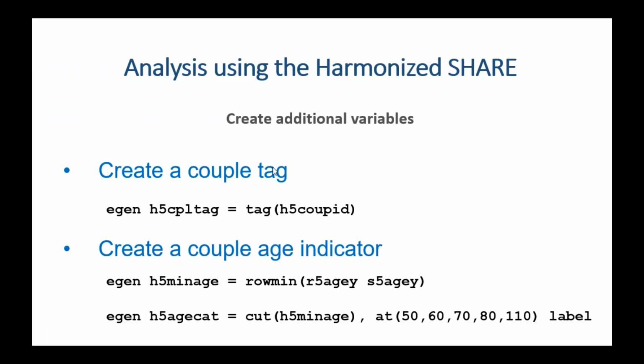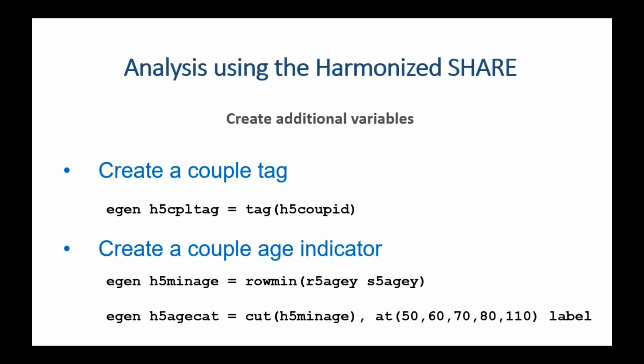So in our next step, we're going to create a couple age indicator. Of course, as we mentioned, couples are not all the same age. You can have really vastly different ages. But we're going to create a household age or a couple age for this analysis.